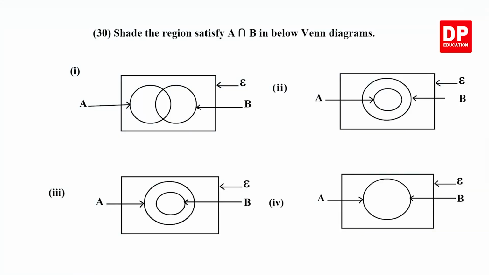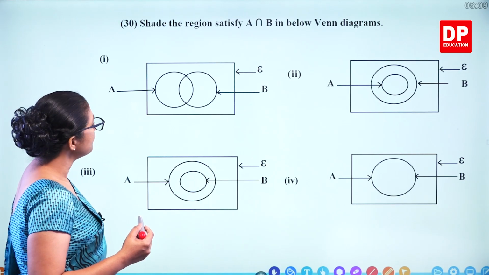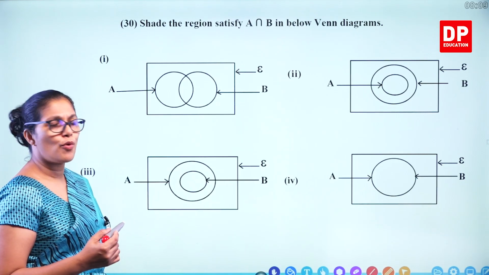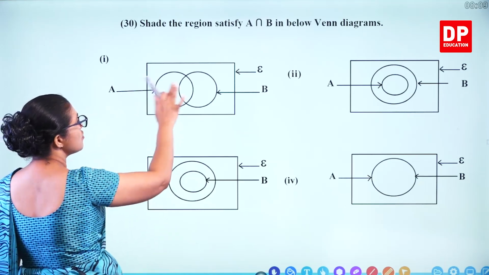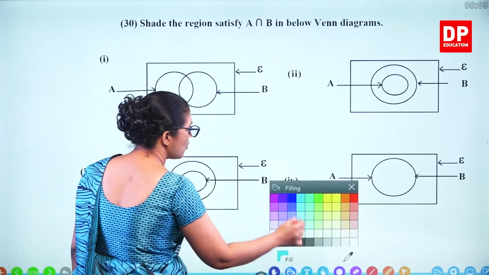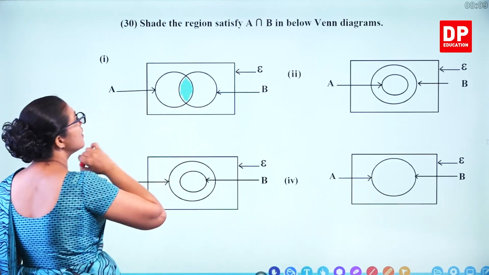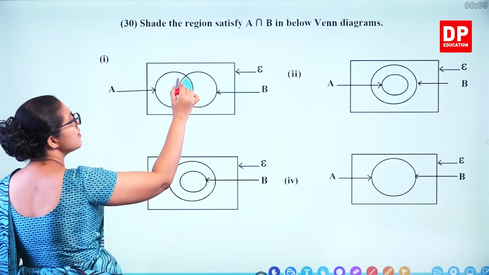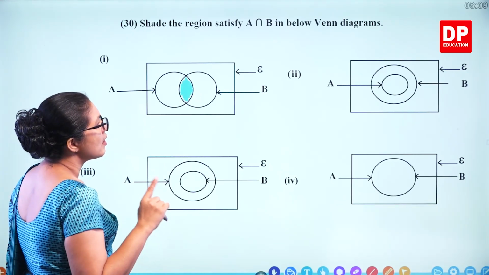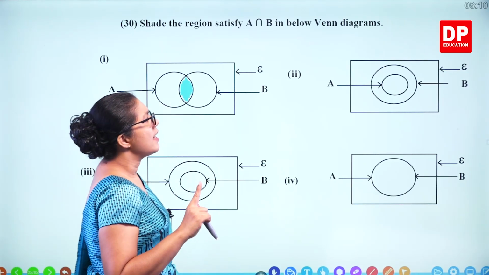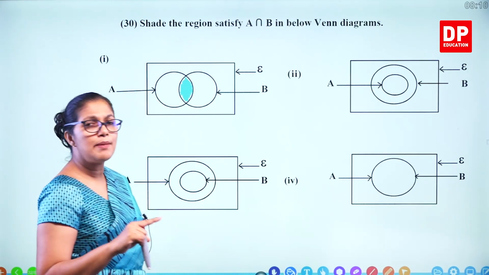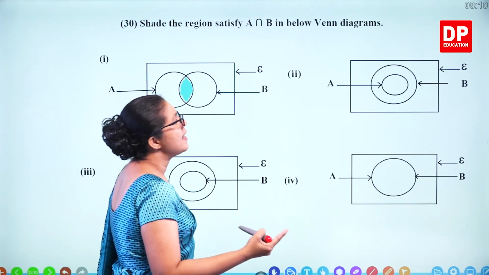Shade the region satisfying A intersection B in the Venn diagrams below. Common region for both. So what can you say about this diagram? You can shade this part. That's the common region. Second one, A is a subset. All the elements in A are in B as well.